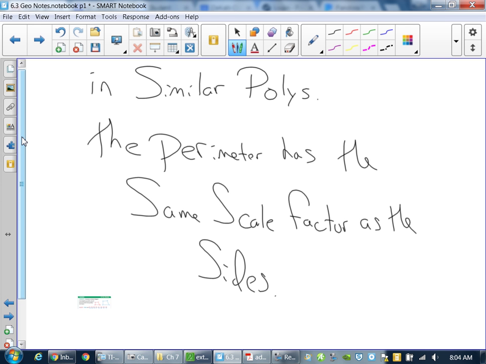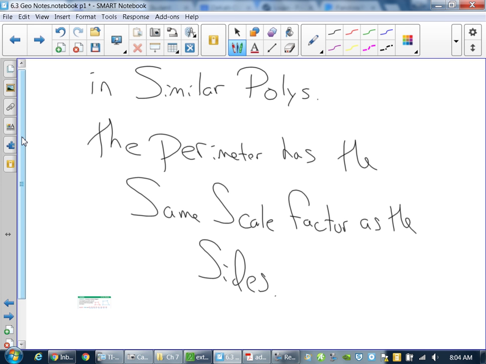Okay? You're going to have the same scale factor whether you have the sides or the perimeters. It's always going to work out nicely for you, which means you can solve for perimeters without too much of a hassle.